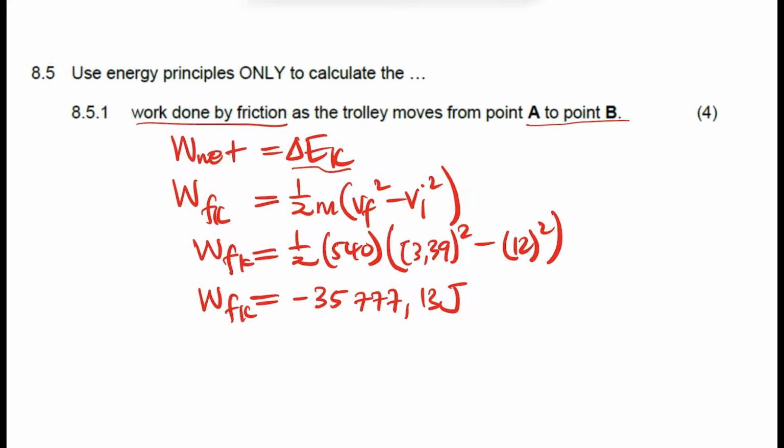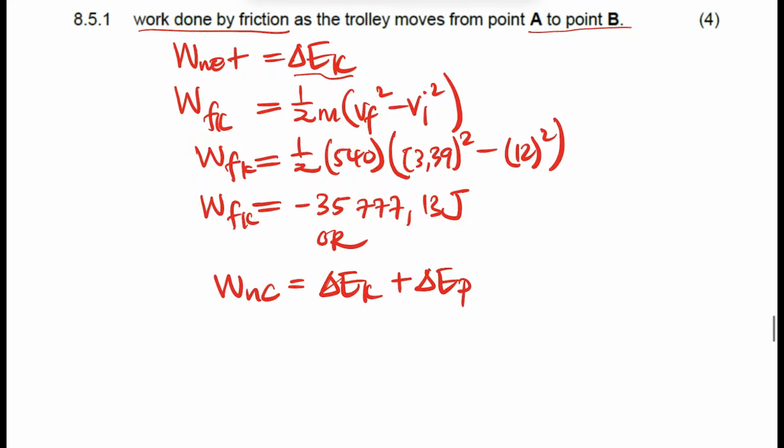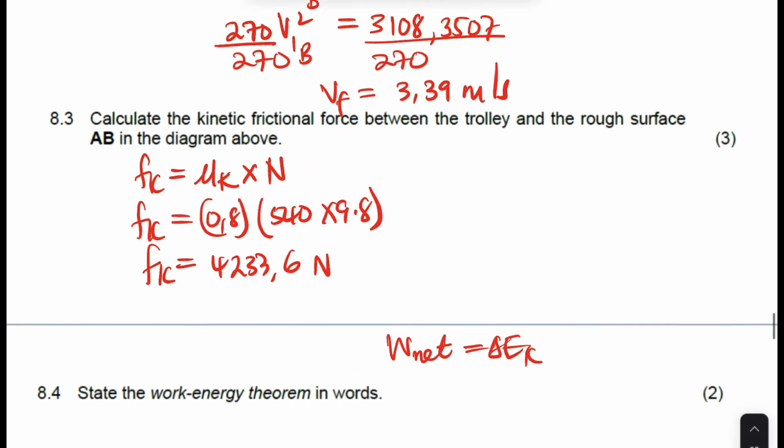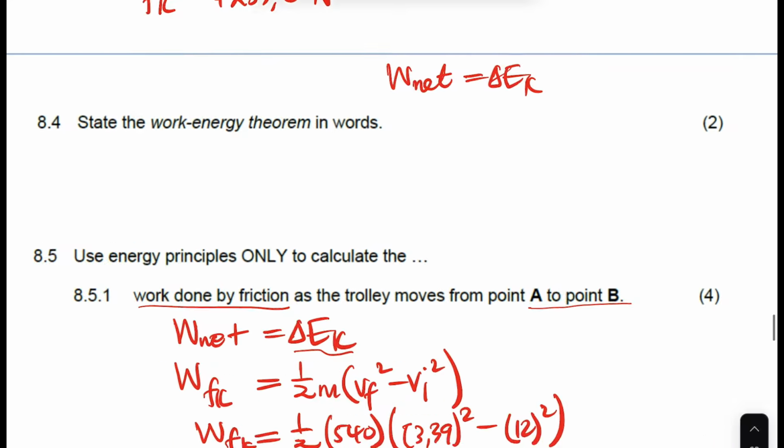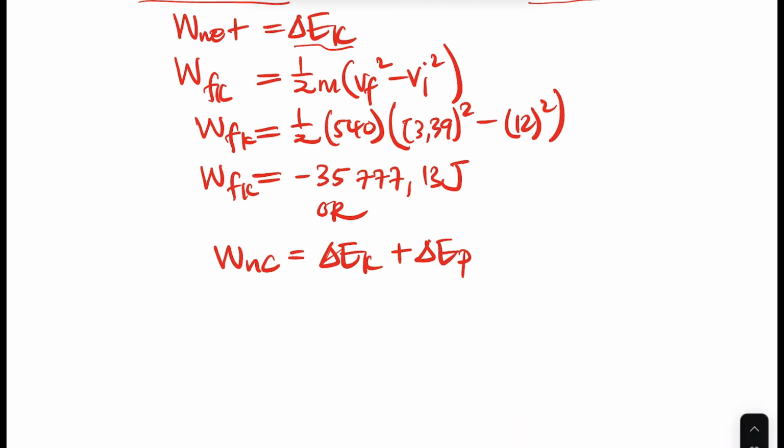So guys, you can use even the work done by non-conservative force, which is a work energy theorem, and it gives you the same. But now, here's the catch. Since this is a flat surface, it has no height. So here the change in gravitational potential energy will be 0.